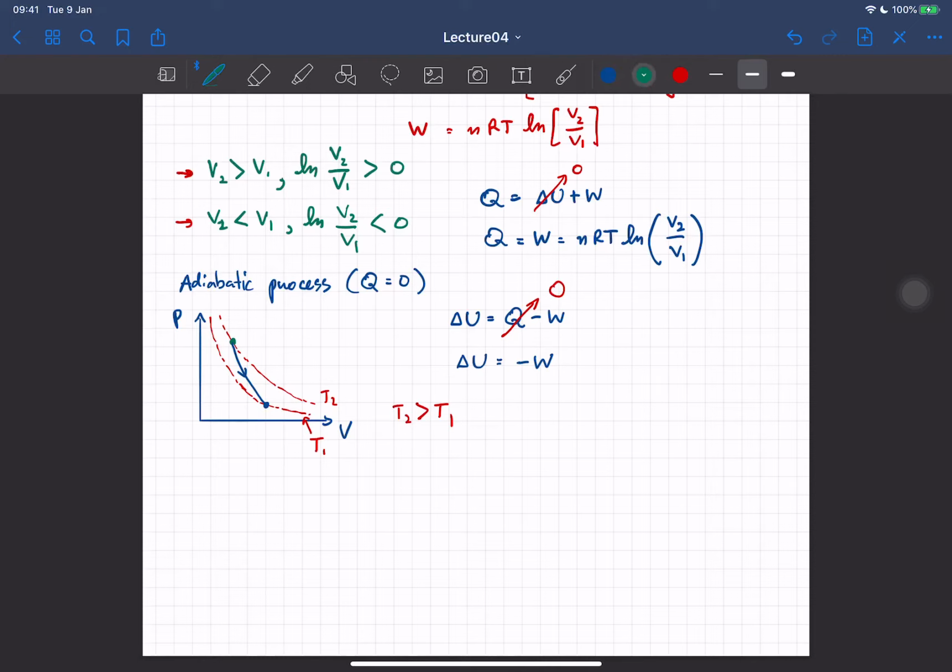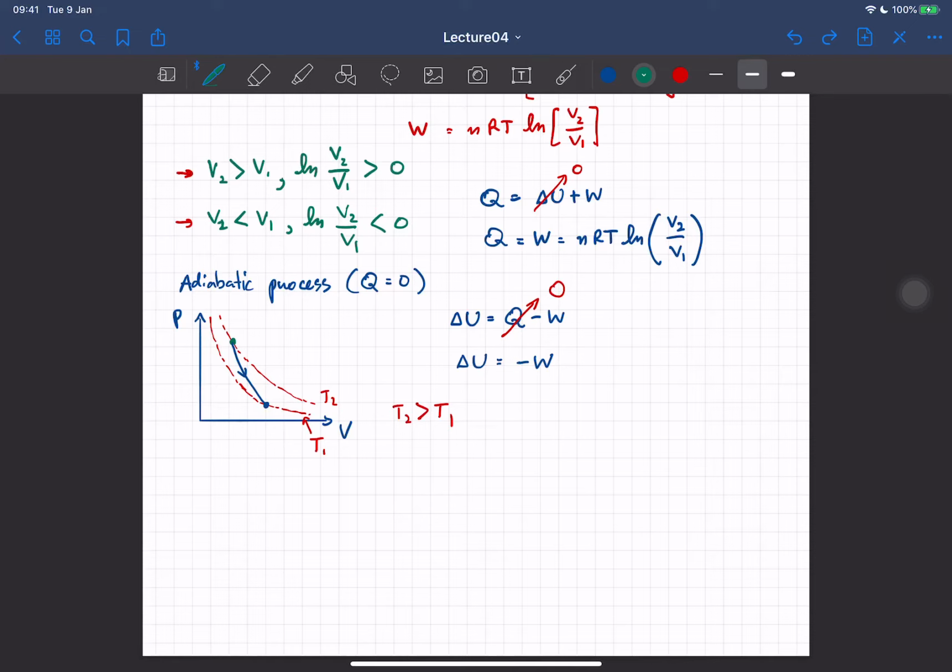So I say it's steeper than isothermal because isothermal is going to be like that, right? So it's steeper compared to the green one. So that's what I mean. Okay, so adiabatic is like that. So the exact curve can be described by this equation, which again I will not prove, but you can find the proof anywhere.